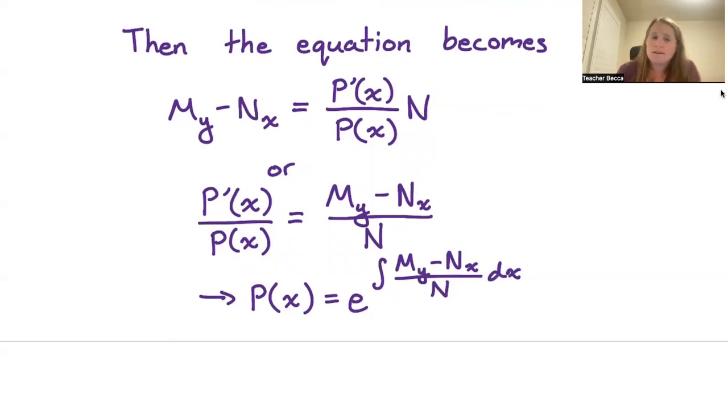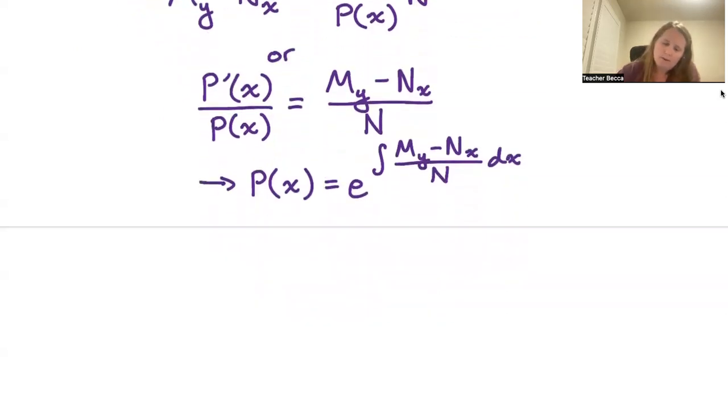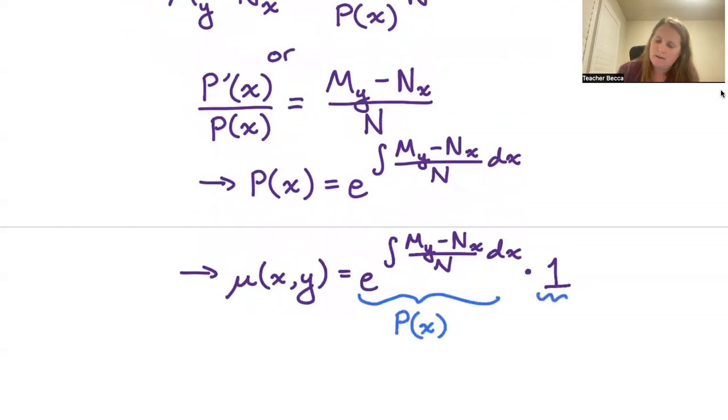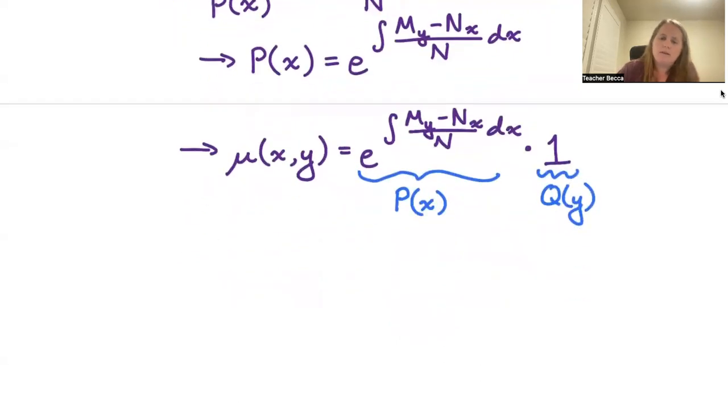And if P of x is that, this means that our integrating factor mu of xy is e to the integral of my minus nx over n dx times 1. Again, our q of y was 1. So this is our p of x and our q of y. So we have here our integrating factor.